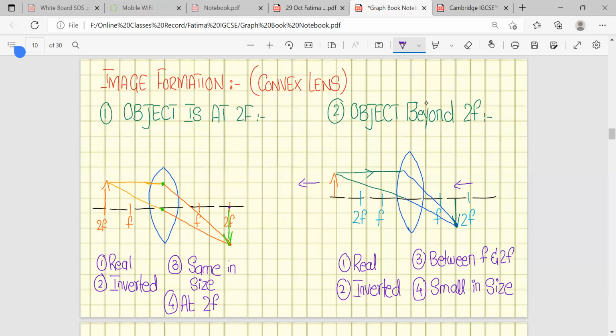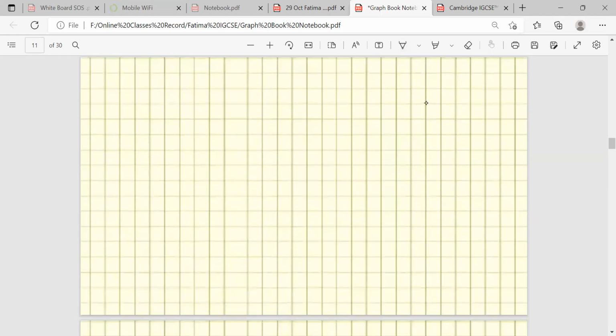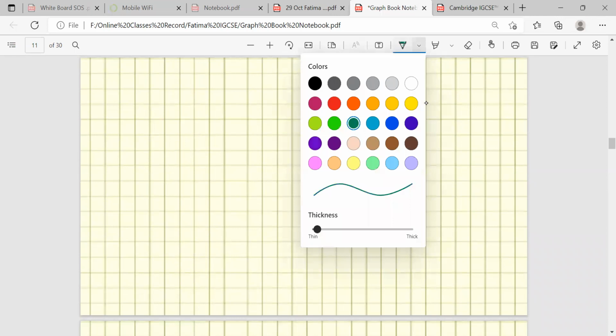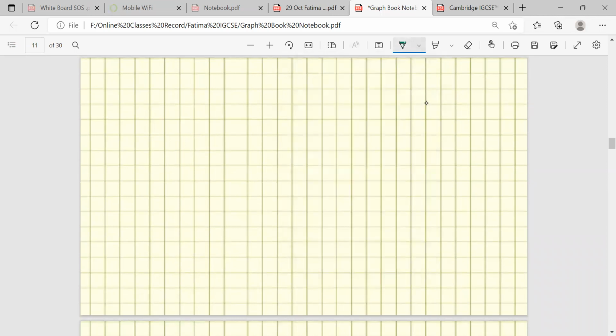Yeah. Let's suppose in the third case, we place the object in between f and 2f. In the third case, the object is placed between F and 2F.